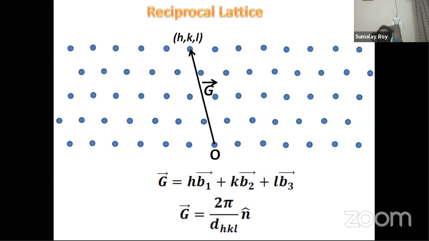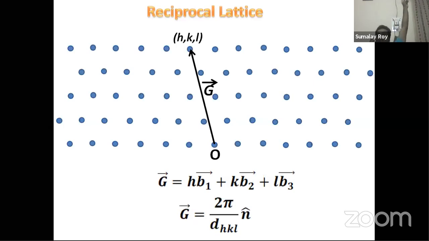So suppose I have some physical property at a point R, it has to have a translational symmetry. That means n of R has to be equal to n of R plus t, where t is the translational vector in a lattice space.